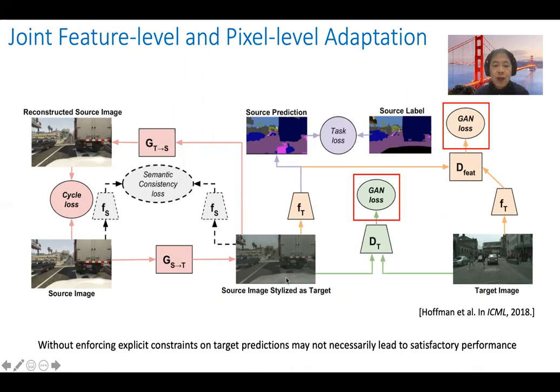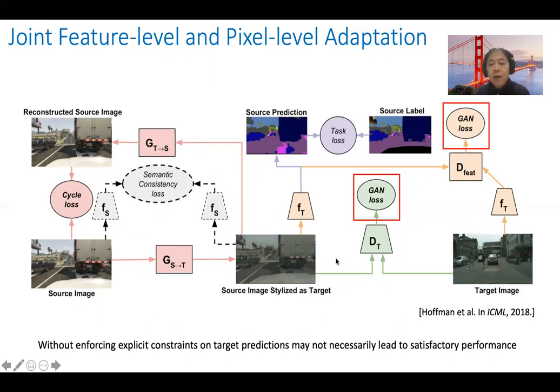In this CyCADA method, you have a source image, and you train a translator or generator to synthesize the result in the target domain. You can also train another translator back to the source domain and compute the reconstruction error. In addition, you can compute the consistency between the semantic segmentation outputs.